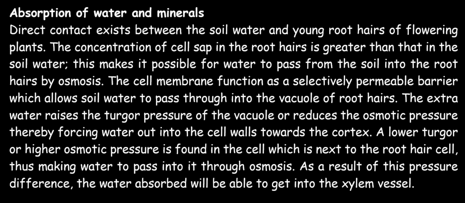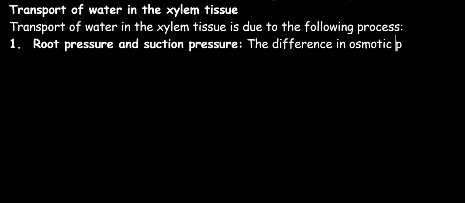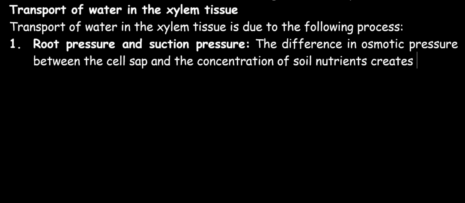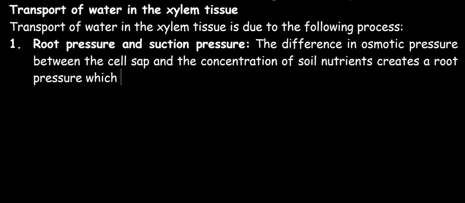Now we will be looking at the transport of water in the xylem tissue. The transport of water in the xylem tissue is due to some processes which are discussed below. Number one, the root pressure and the suction pressure. The difference in osmotic pressure between the cell sap and the concentration of soil nutrients usually creates a root pressure, which is most active under the conditions of high humidity and low temperature.